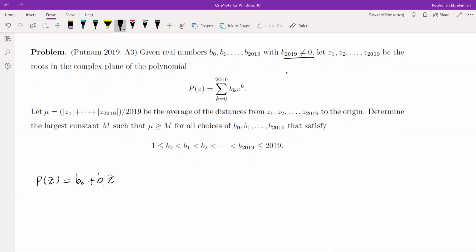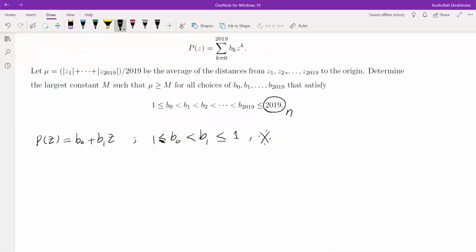Degree 1 gives me a condition, so I'm going to replace this 2019 by n, and n would be the degree. If n is 1, it would look like that, and the inequalities are going to be this. But that's impossible. That's a contradiction. You can't have B0 and B1 between 1 and 1 when they are not equal. So that's not going to work. Okay, that's kind of a silly case. We just have to ignore that case.